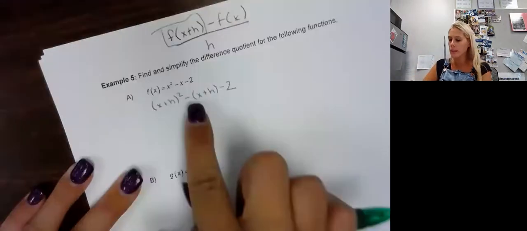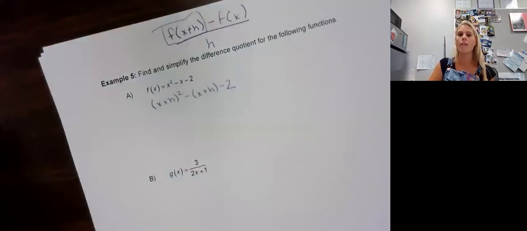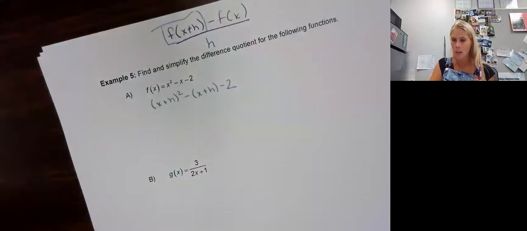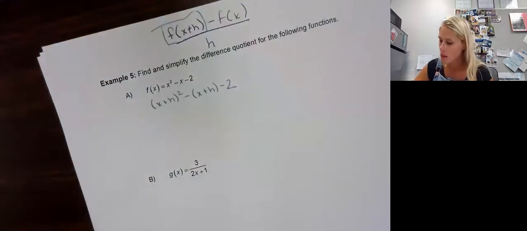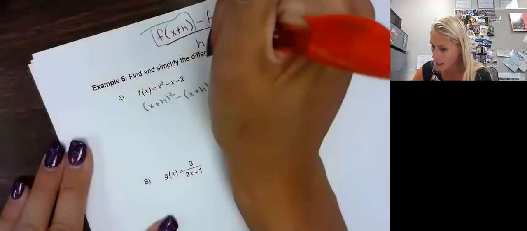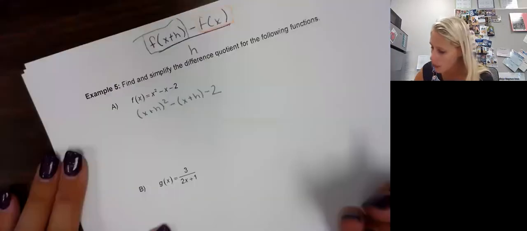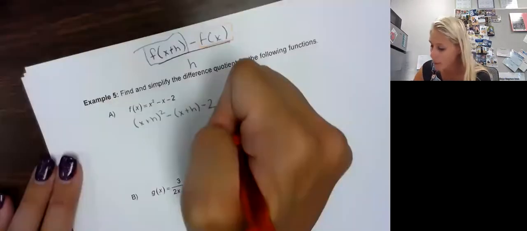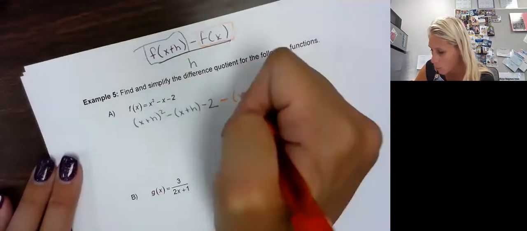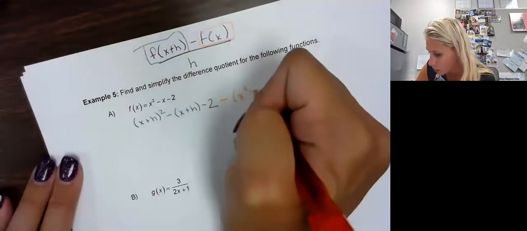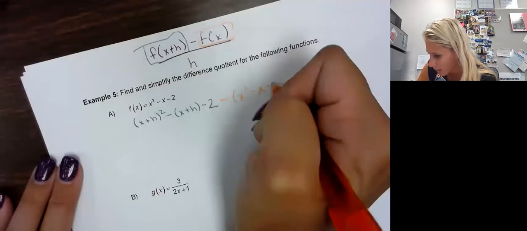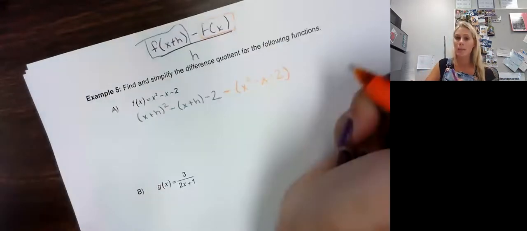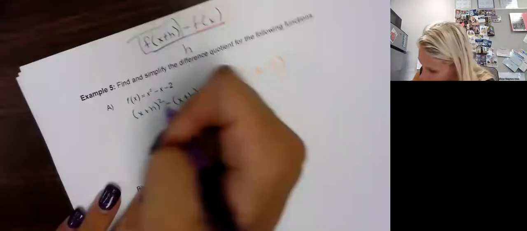So that's just me substituting in the f of x plus h. Now I'm going to subtract the actual f of x. So I'm going to minus, and now I have to put parentheses down because I have more than one term, and I have to distribute that negative out. So that's that second part. And then the third part is all over h.